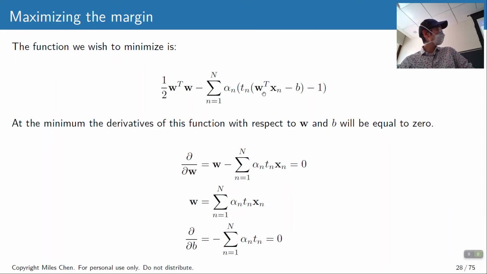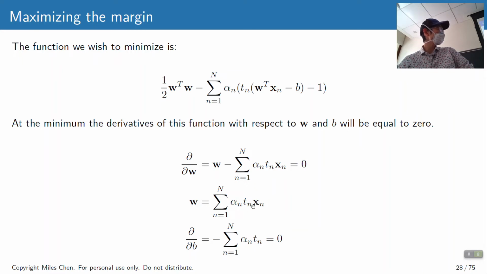And then if you expand all of this out, and you take the derivative of this with respect to w, you're going to get the sum of alpha, t, and x, okay, for every n observations. Okay, and then we set that equal to 0, and therefore you're going to get w equal to the sum of these things, right? So we get the sum of alpha times t times x.